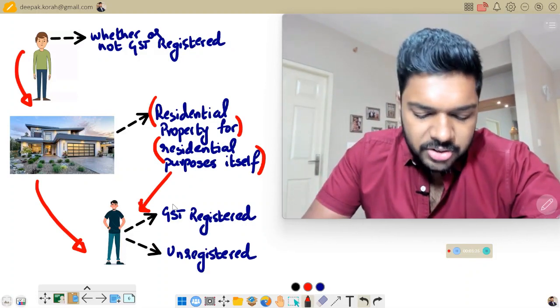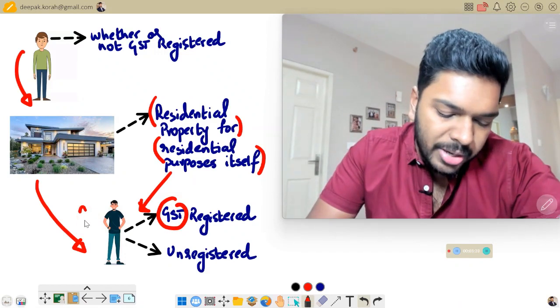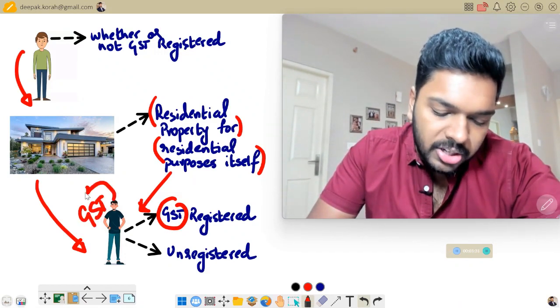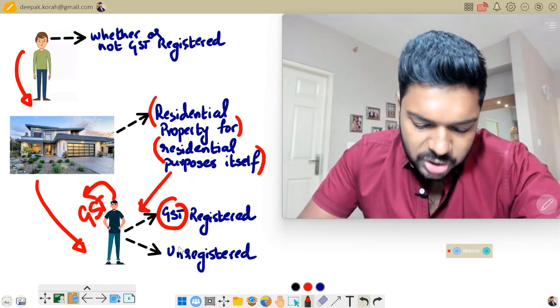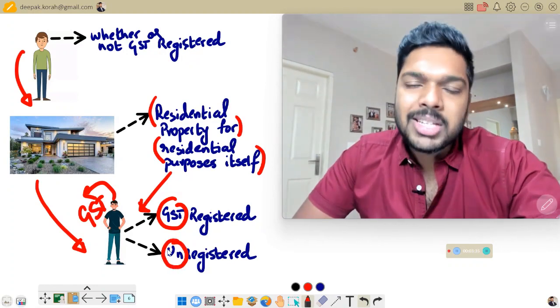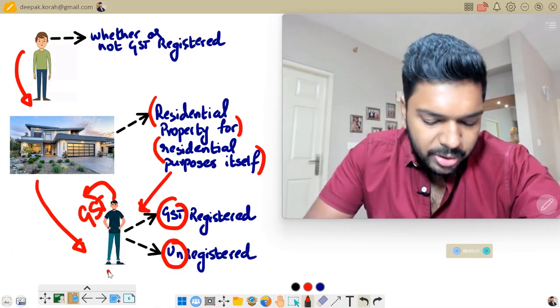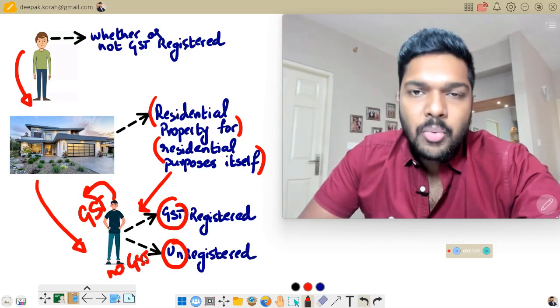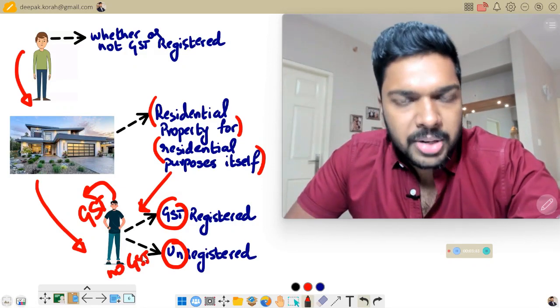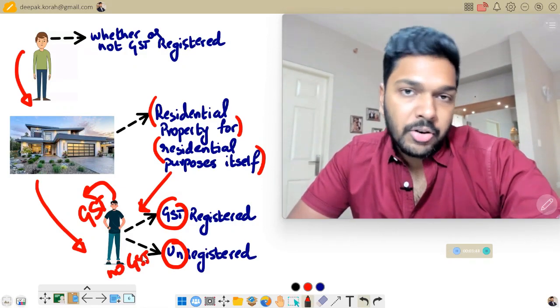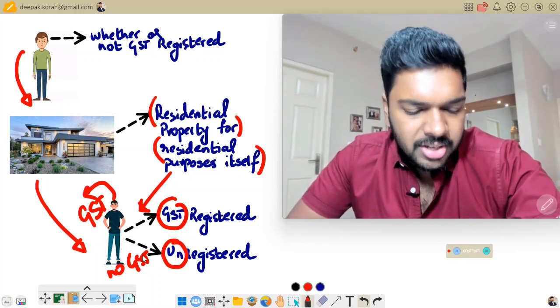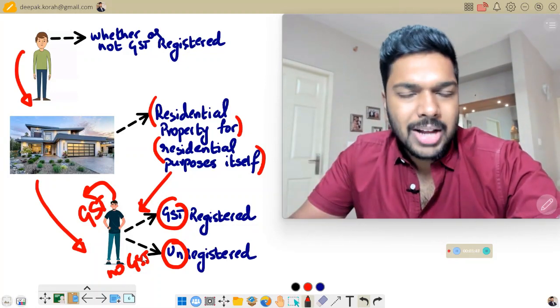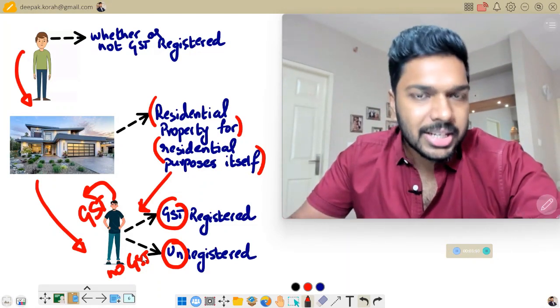If the tenant has obtained a GST registration, then again he would be the person liable to pay GST on reverse charge basis. If he has not obtained a GST registration, in other words he is unregistered, then in this case there will be no GST, because the property in question is a residential property used for 100% residential purpose, and in this case of transaction between the landlord and the tenant, there will be absolutely no GST.